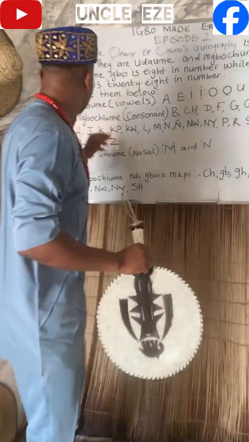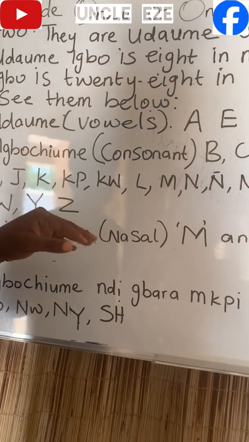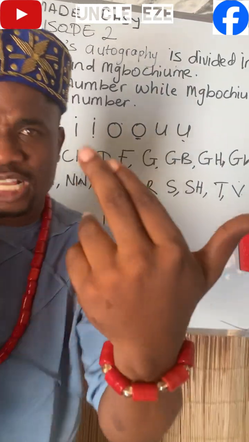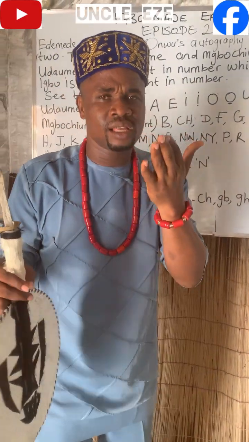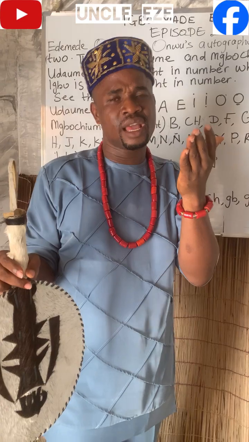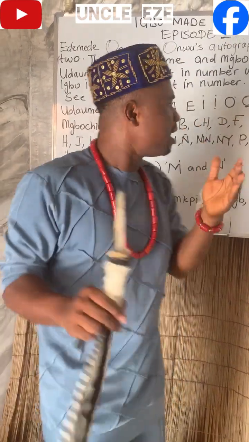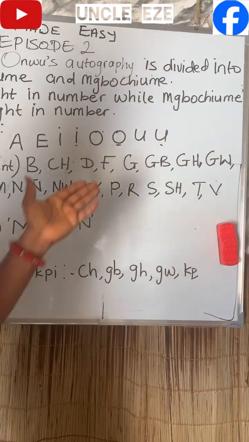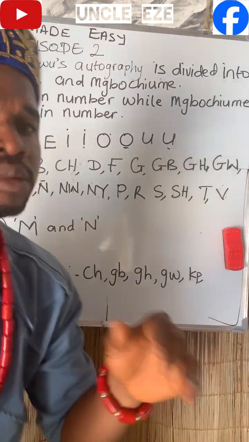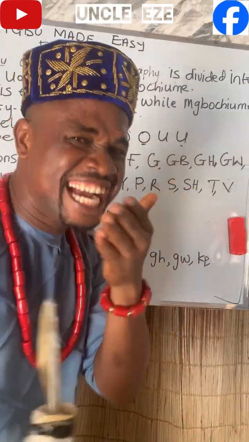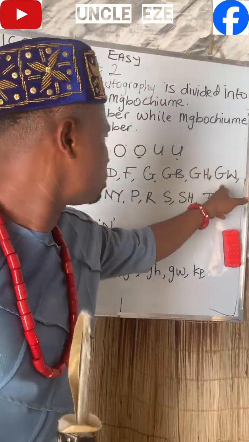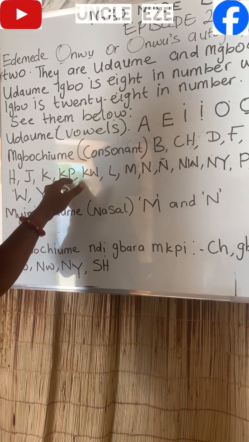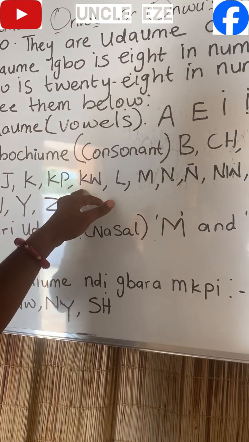Let's look at the consonant, which is mgbochi ume. It obstructs the air. Now I go to the practical. Achọ ka ị na-eme anya. B, Chi, Fi, D, G, Hi, Gui, Hi, J, K, Qui, egbochi ume.